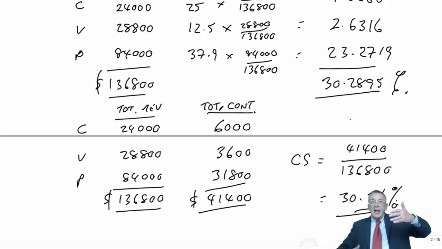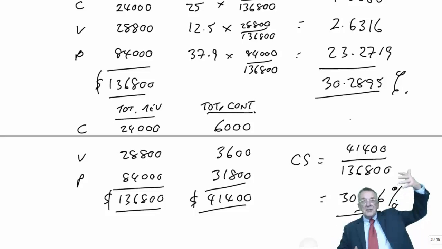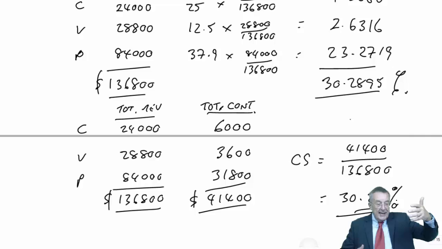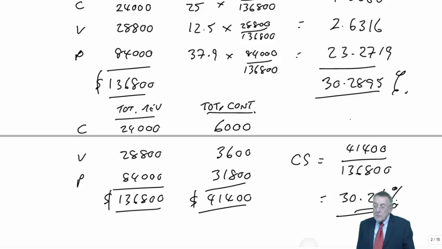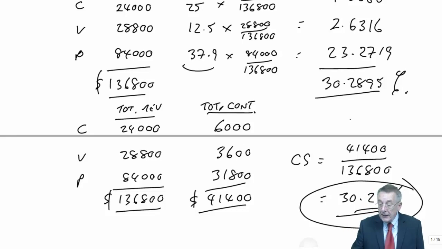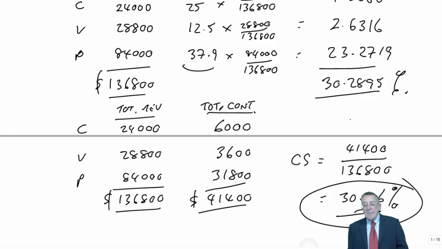But if we did sell more in total, but it was more C's and fewer P's and more V's or something, if the ratio of the sales changed, the CS ratio will change. So this 30.26%, and that's in fact the one I'll use because it is more precise, is only going to be valid provided we always sell in the same ratio, 4,800 of C, 4,800 of V and 12,000 of P. But again, it's twice as many, half as many of all of them.